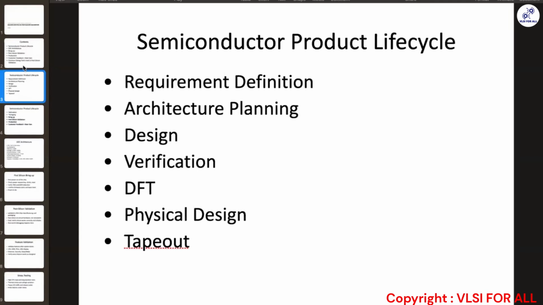The next thing would be the architecture planning. In the architecture planning, it is about how many cores you have for that particular SoC, how many interfaces you are planning to have for that SoC, what your memory architecture would be, and what your clock architecture would be.